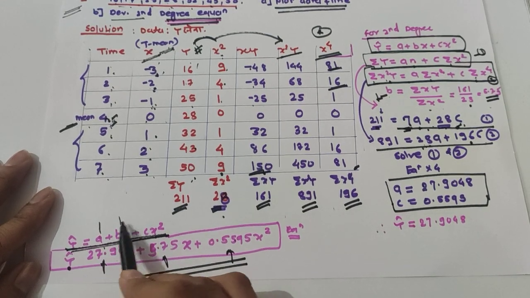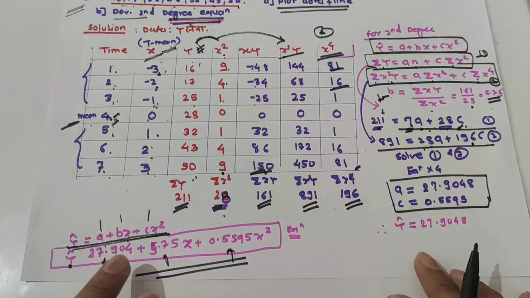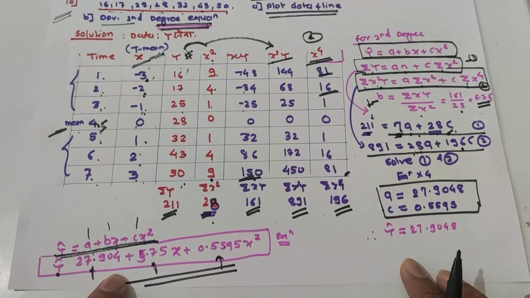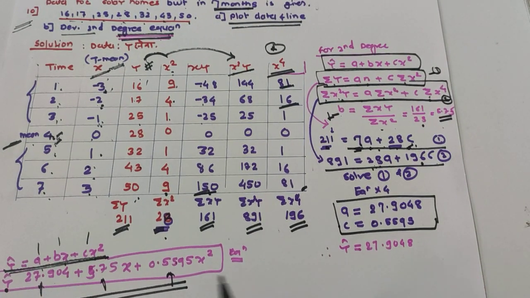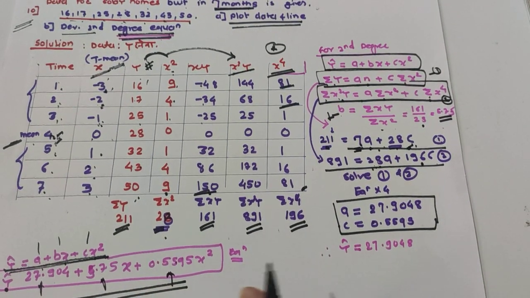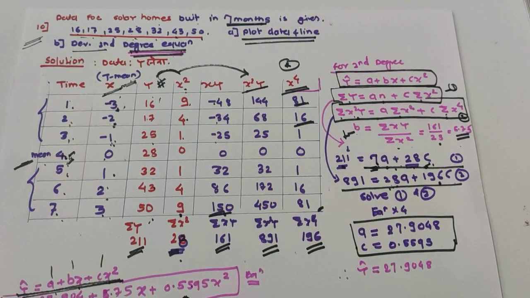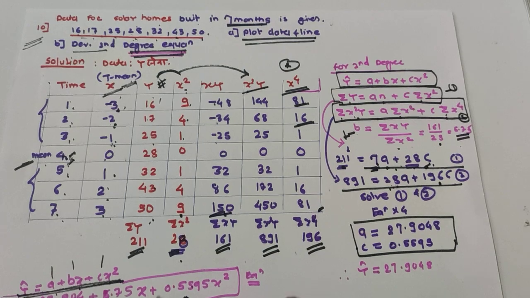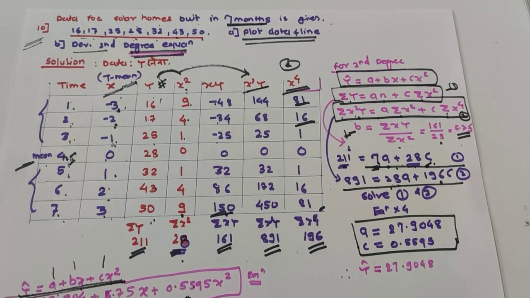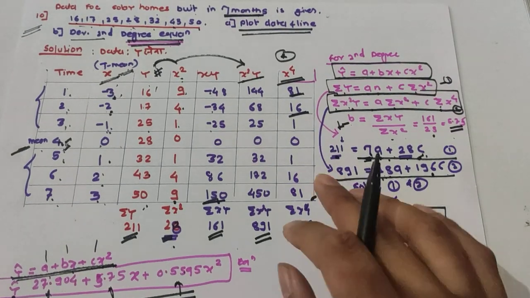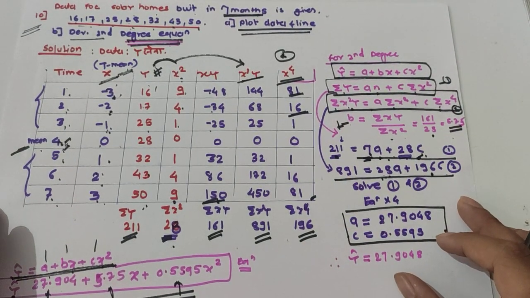Just put the values of a, b and c, and you will get the second degree equation. So in this fashion we have derived the second degree equation. Depending upon putting the value of x for any forecasting, you can easily come to know the value of y cap, right? So in this fashion you have to solve the second degree equation.